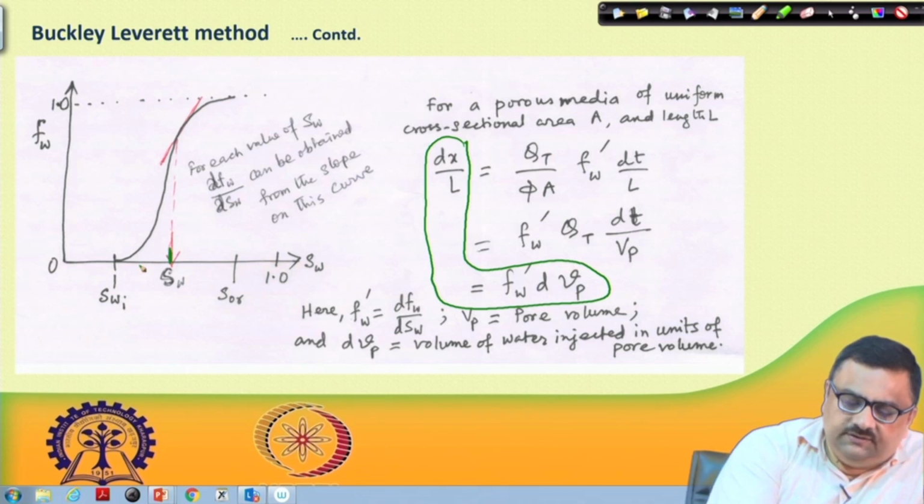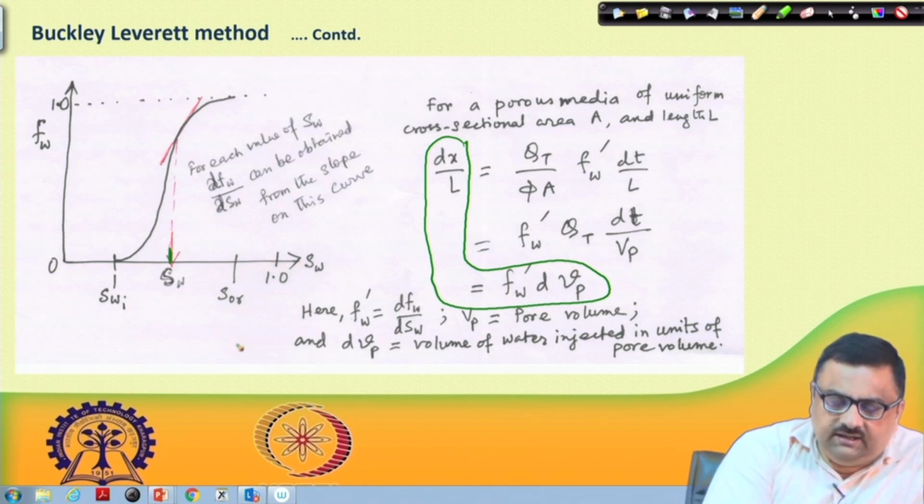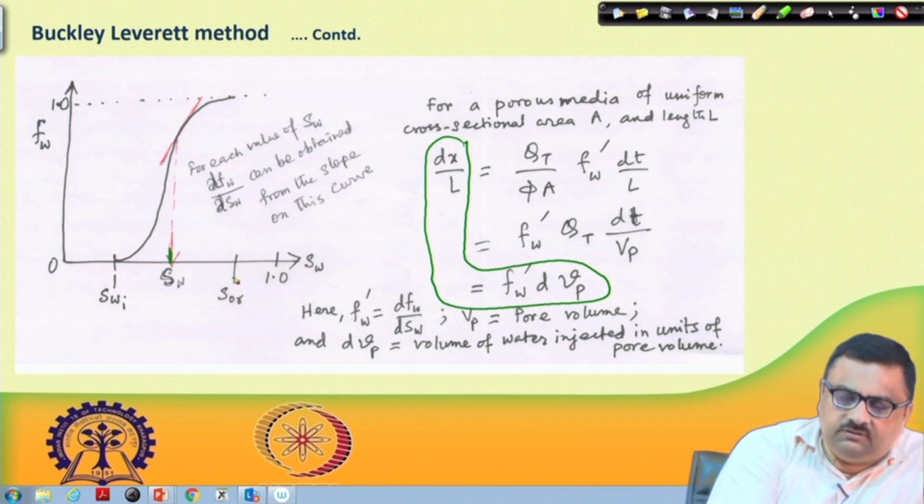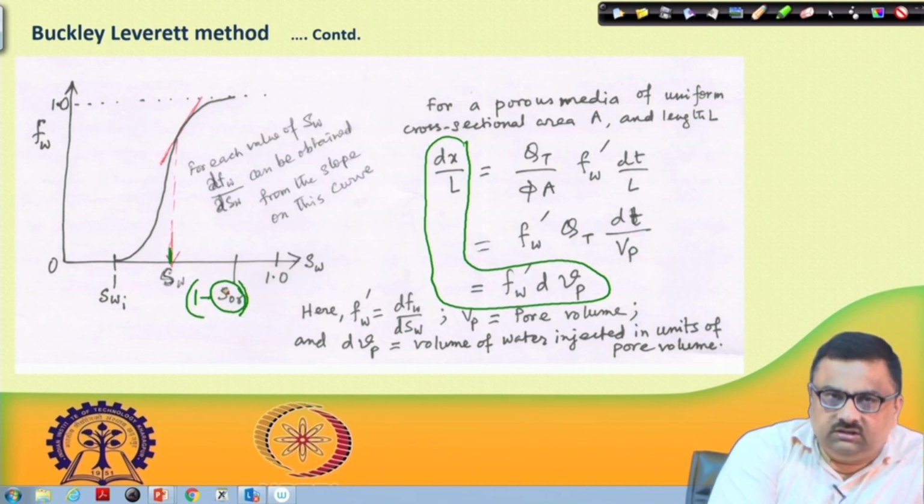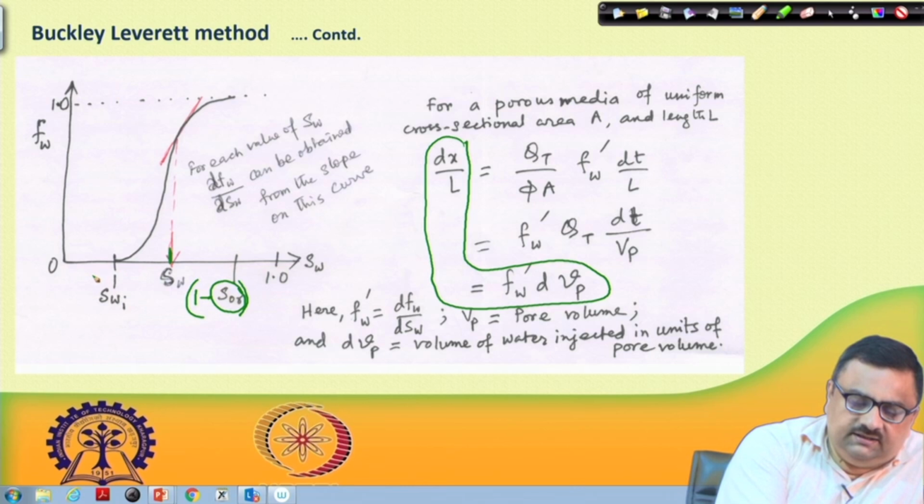You can see Fw is within this limit Swi, and this corresponds to SOR or SNWR, but basically this is the value here. If you put it in one scale, this is 1 minus SNWR. Okay. So, let us say we are talking about 0.1 here.